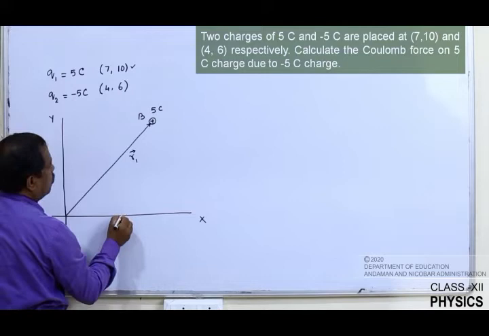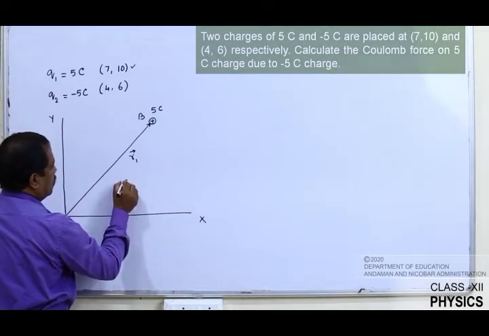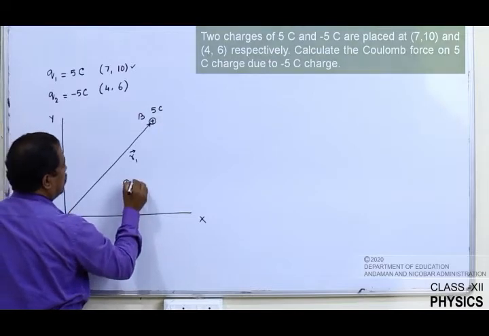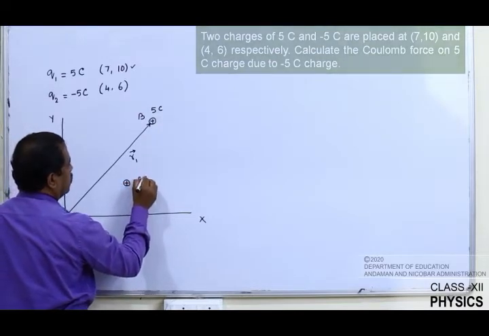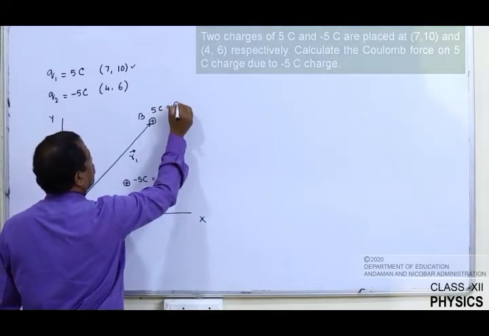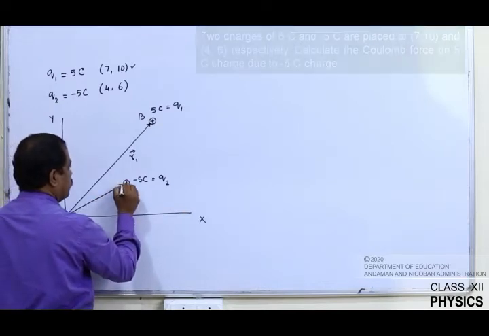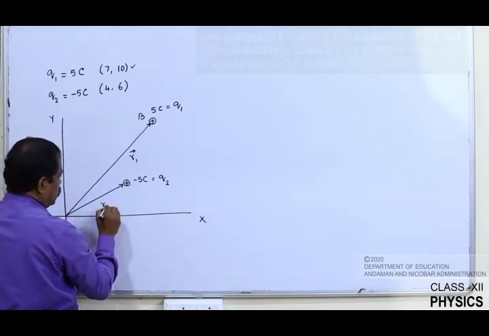So somewhere 4, 6 here. So this is charge minus 5 coulomb. Say this is Q2 for me. This is Q1. And this charge has a position vector of say R2.